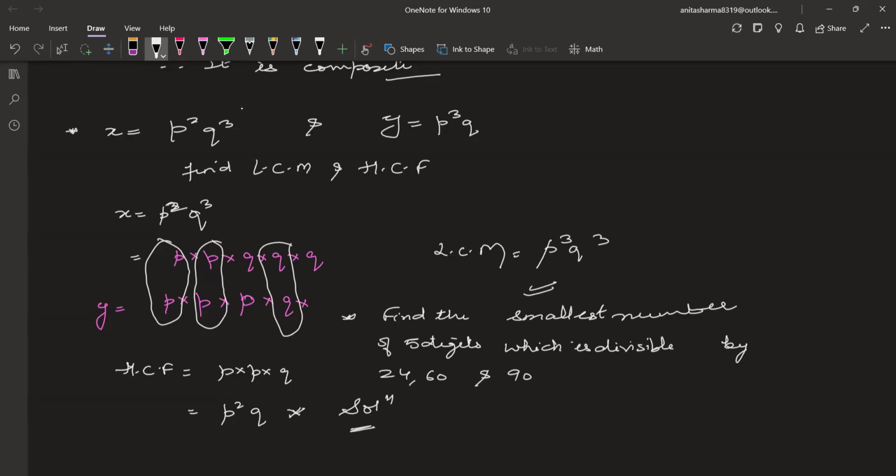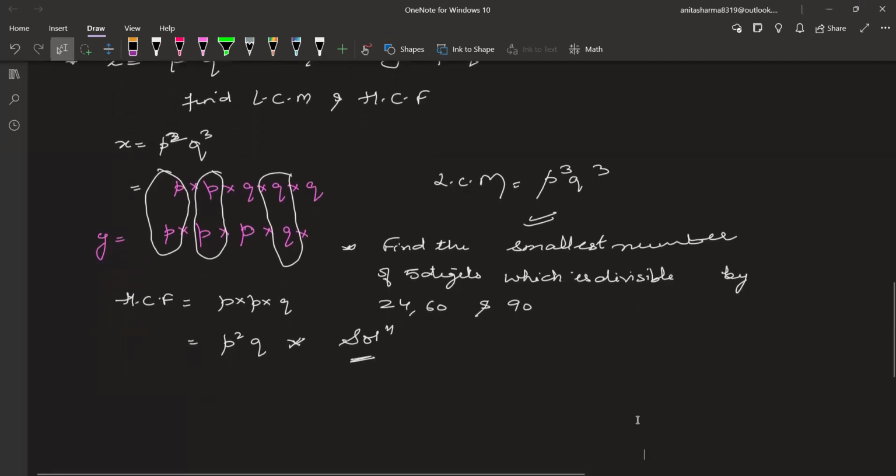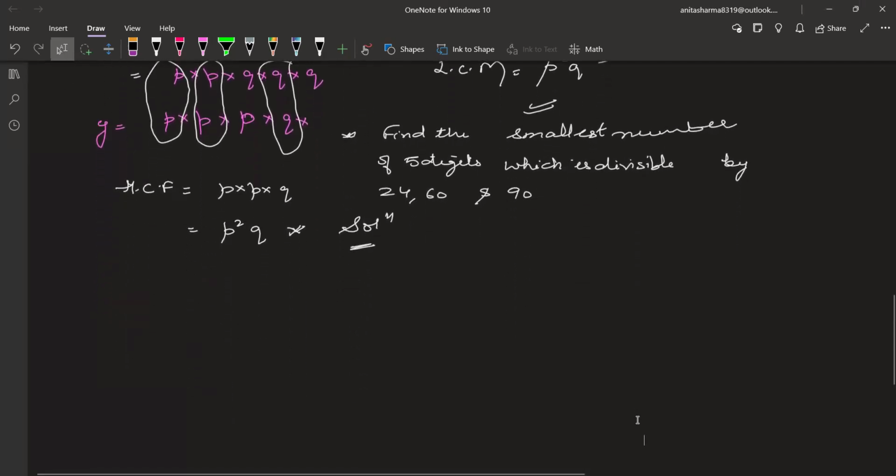So Siddharth, any idea, beta? Siddharth, unmute yourself, beta. Any idea, beta, how we will find the smallest number of 5 digits?